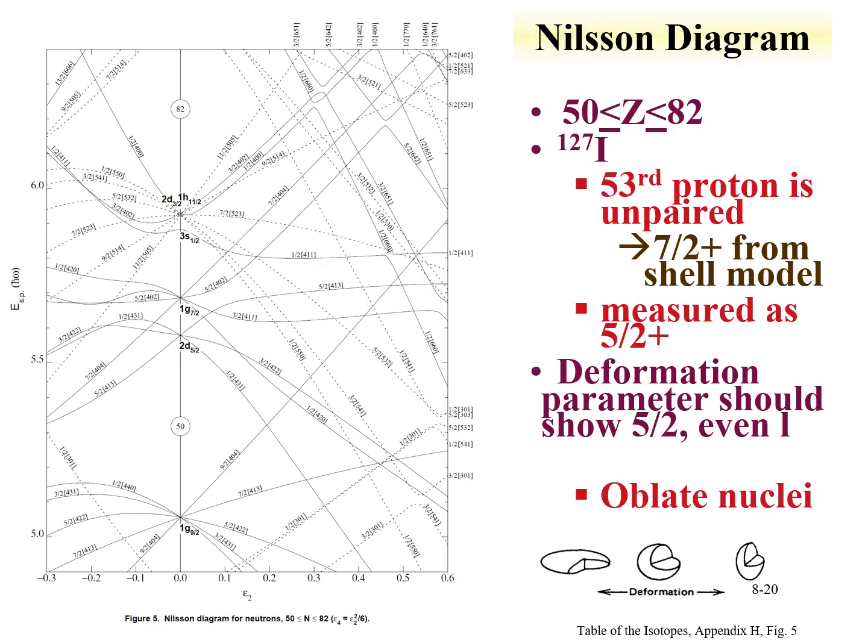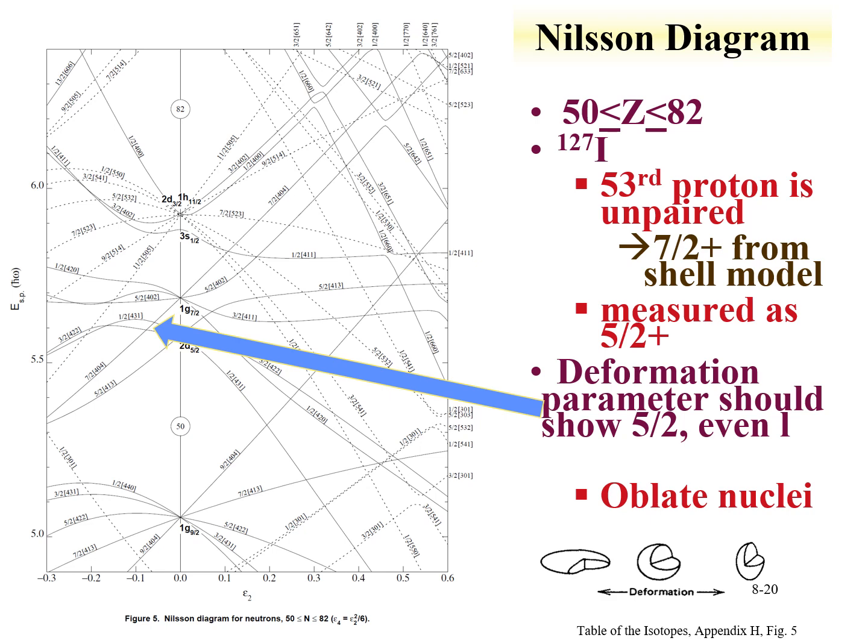So let's consider iodine 127. It's a stable nucleus. Here's the Nielsen diagram for the protons of Z between 50 and 82. Iodine 127 has 53 protons.